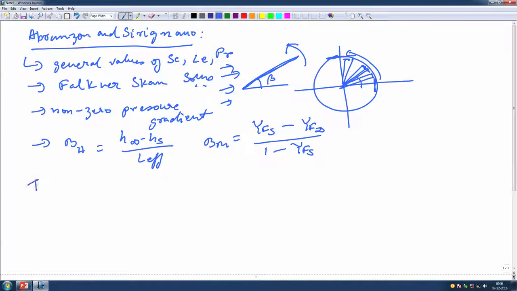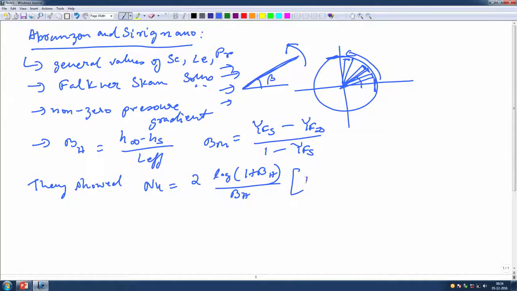They showed that the Nusselt number is given by this expression, and we are not going through the math because it is extremely complicated. What these f are, we will come to a little later.